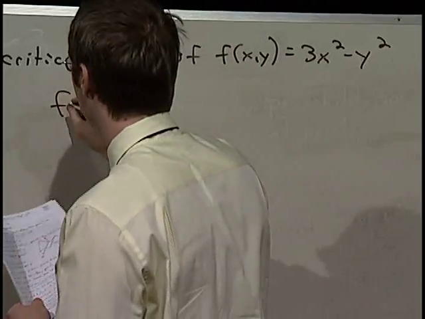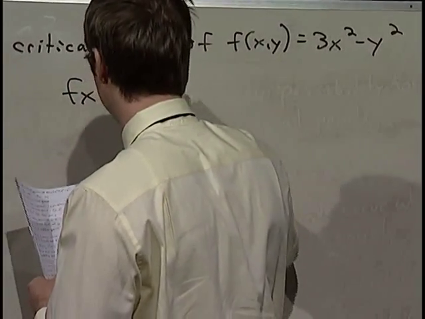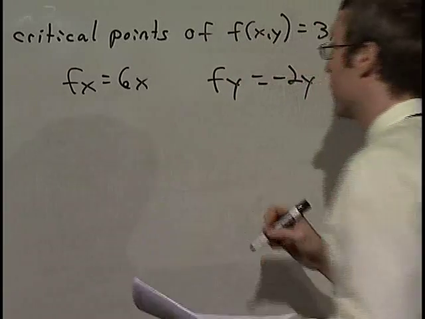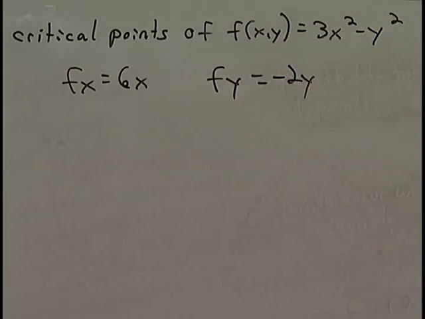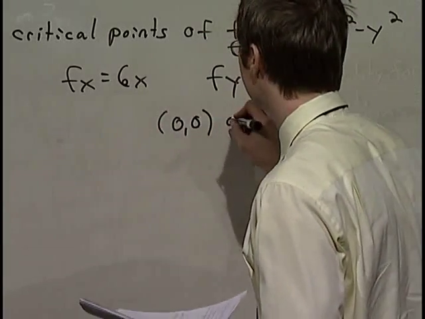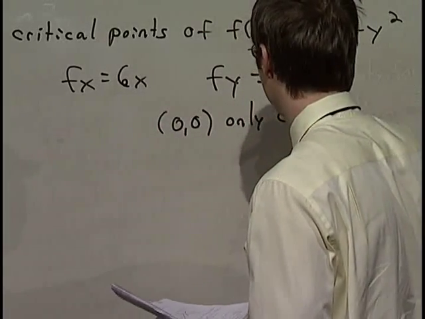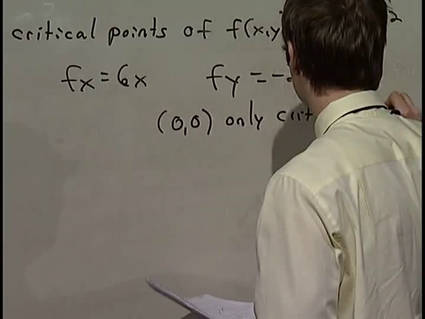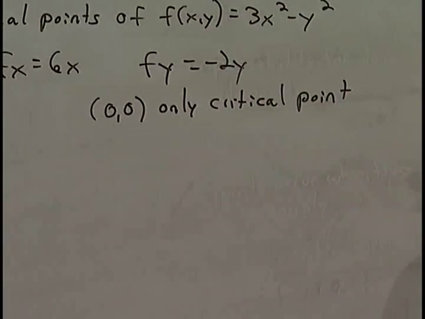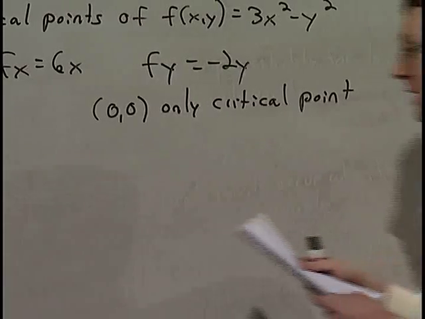Well, again, critical points are where you have the first order partials simultaneously 0. So again, here (0, 0) is the only critical point. Well, now the question is, is this a local max? Is it a local min? Or is it a saddle point? All right, well, let's take a look at it.